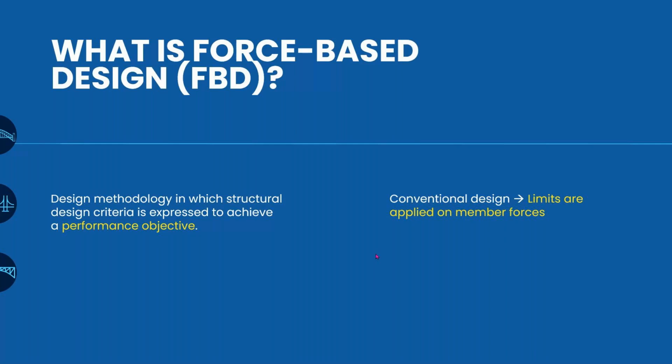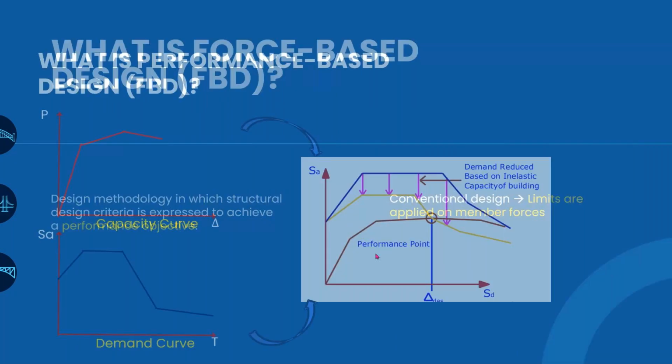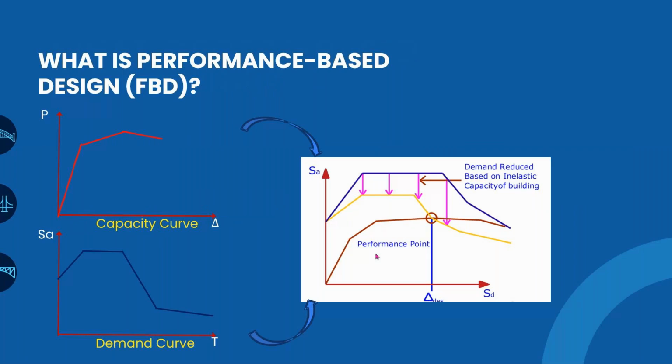So we say that the design methodology in which the structural design criteria is expressed to achieve a performance objective is called performance-based design. The conventional design limits are applied on the forces or member forces, but in the case of performance-based design, the limits are applied on the displacements or the strain values.